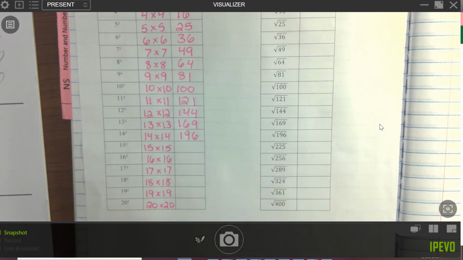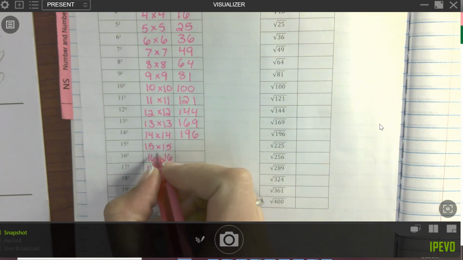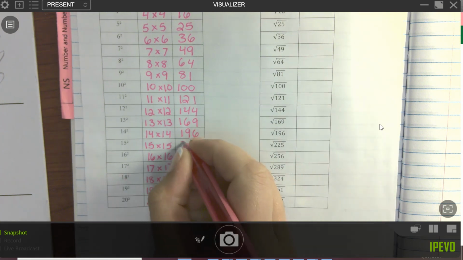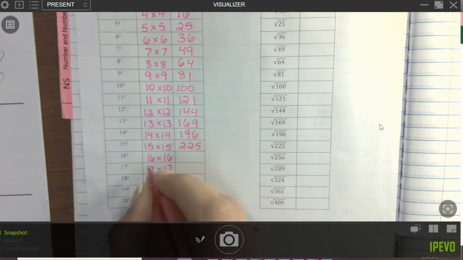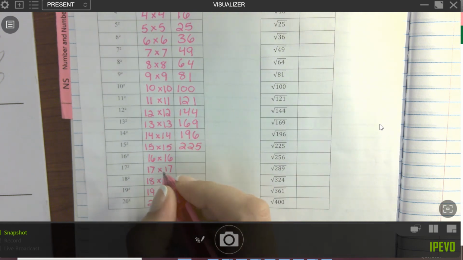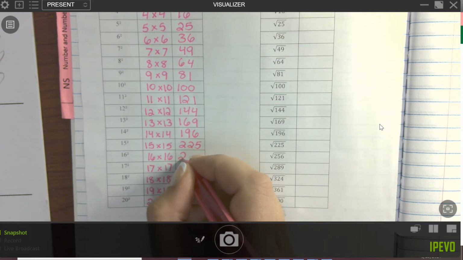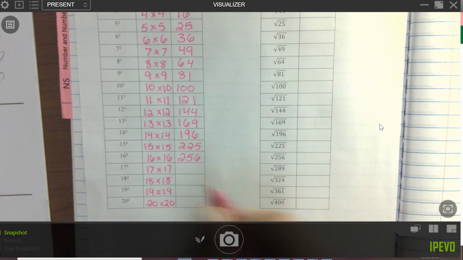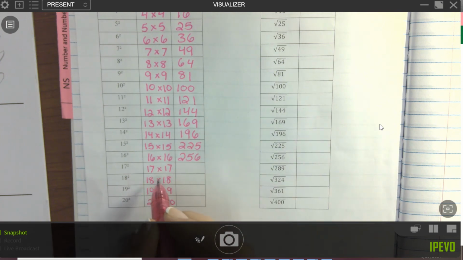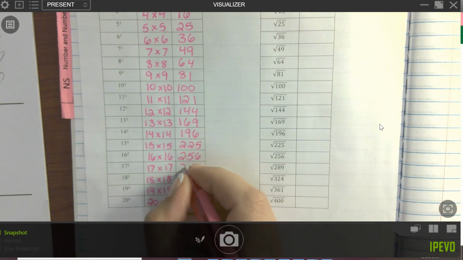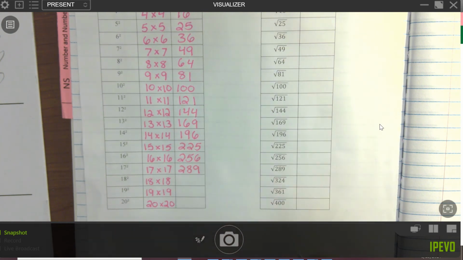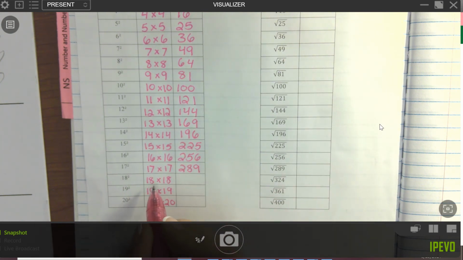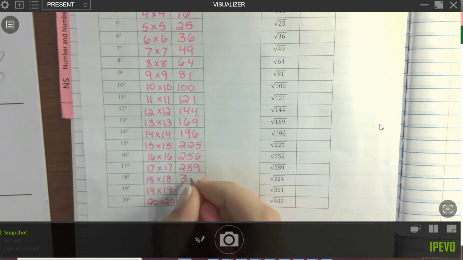So the 6 and the 9 trade places there. 15 squared, or 15 times 15, gives you 225. 16 squared, or 16 times 16, is 256. 17 squared, or 17 times 17, would give you 289. 18 squared, or 18 times 18, would give you 324.